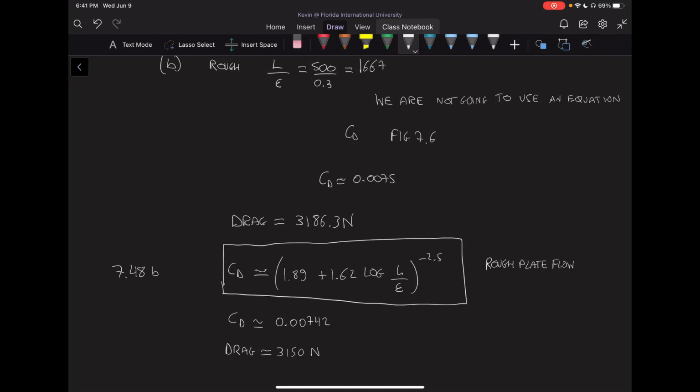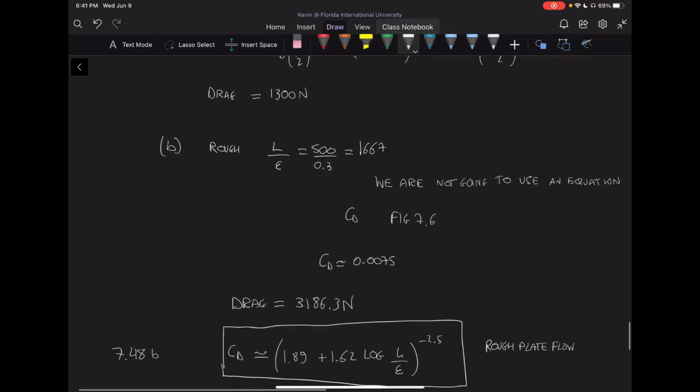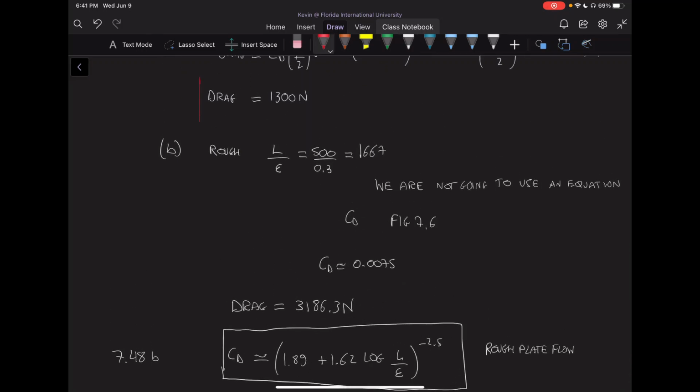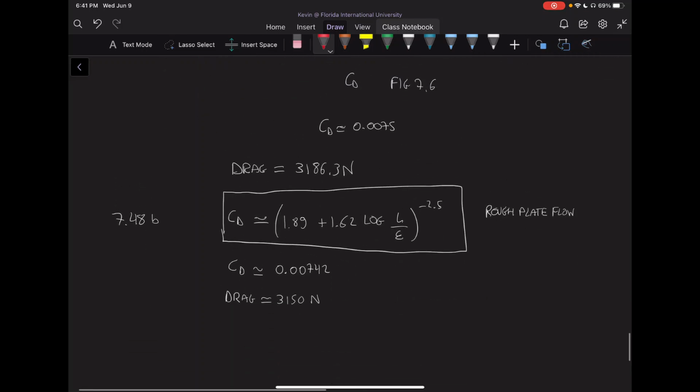Turbulent flow is not easy to approximate, but we can see that the drag increased drastically between a smooth wall, where we had a drag of 1,300 at the top here, and a drag of nearly 3,200 on a rough surface. Okay, so that's very important to understand.